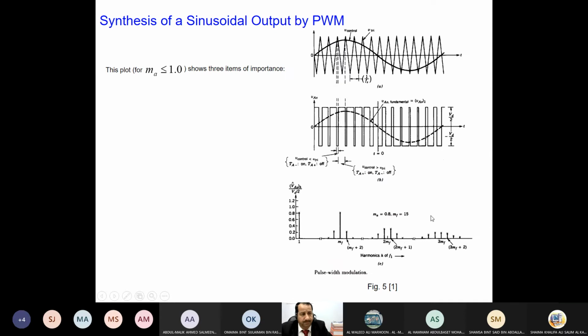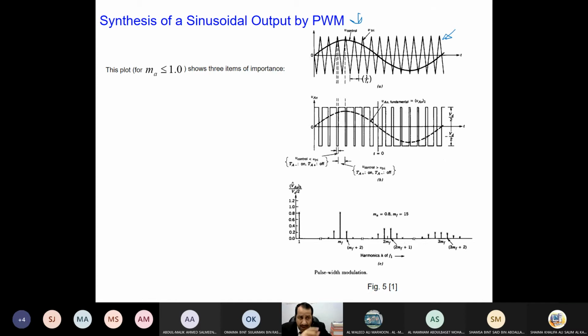Now have a look here. This is the triangle signal, the carrier signal, as you can see here, a sawtooth. And my V control, the control signal, I assume to be sinusoidal, because it is supposed to be similar to the output signal.